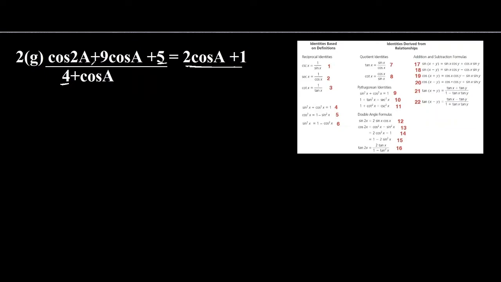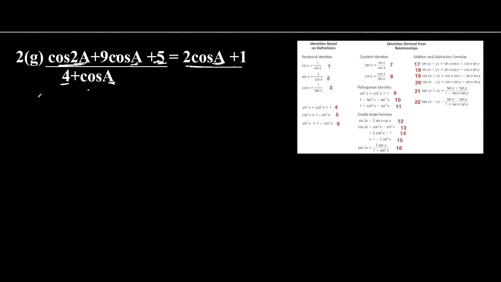And all the angles here are A only, but this is 2A. So now, look at the identities number 13, 14 and 15 here. We have to look for the one which will reduce this 5 and convert this cos 2A into cos A, because we have cos everywhere. So I think identity number 14 will do that.